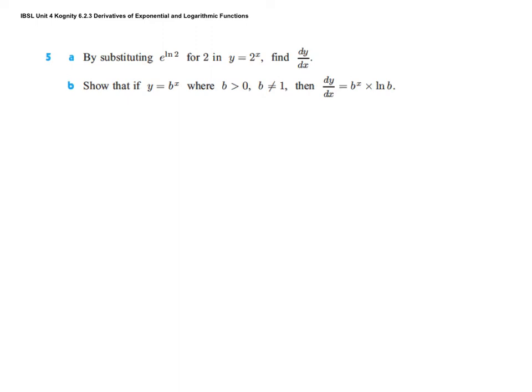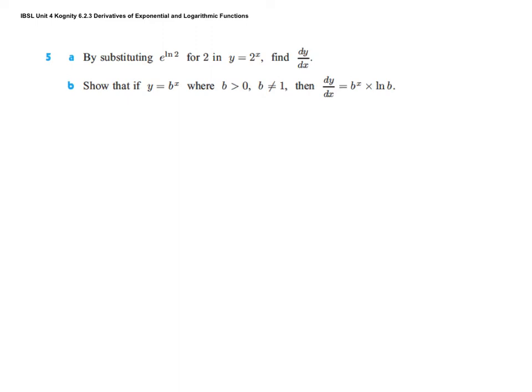Now, this I want to show you because this is not a rule that you need to know, but this is just kind of showing you how all these rules play together with the things that you learned last year in how to deal with logarithms.